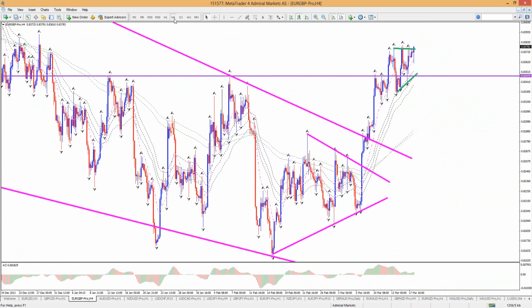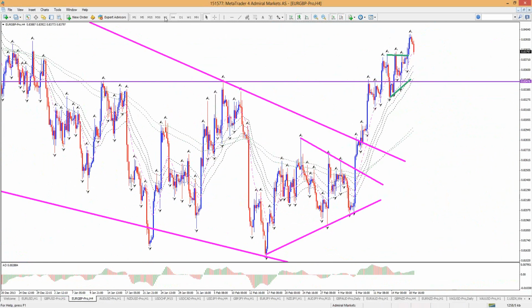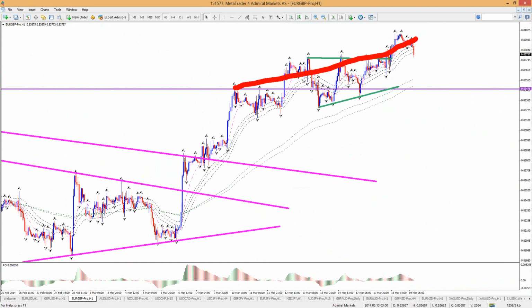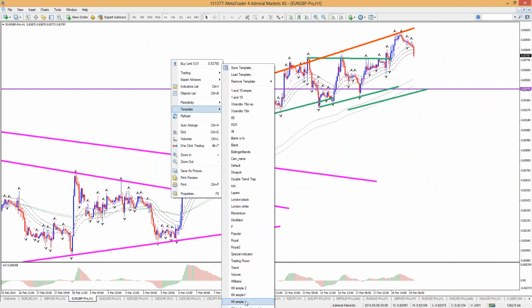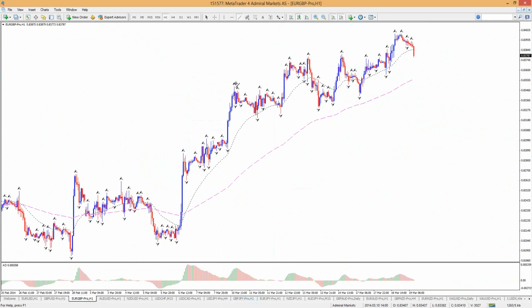In fact, however, we do have some divergence between the 1 hour tops here, so it's looking like we could potentially stall. Probably because of the divergence, there's a high likelihood of at least going back to the bottom of this channel, where our moving average is as well.